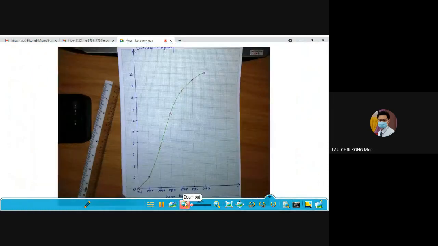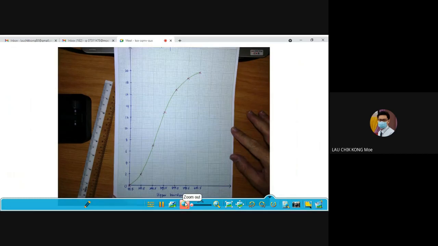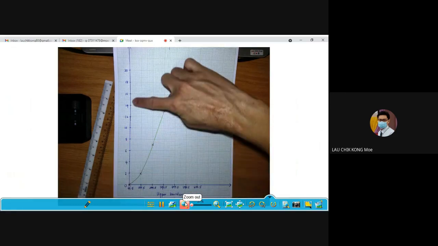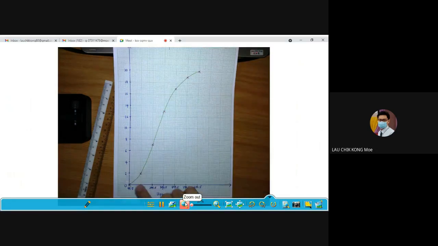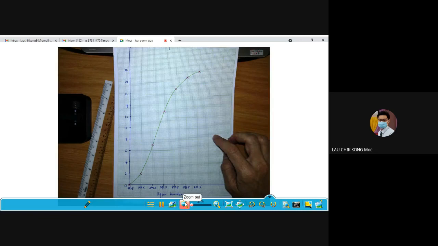Upper boundary is the x-axis here, and the y-axis here is cumulative frequency. And then we start from 0, the ogive, something like x, right? So this is your graph for 6A.